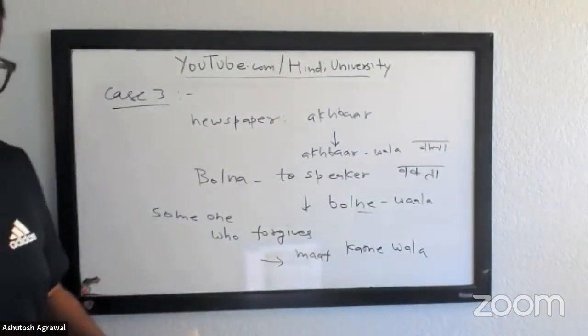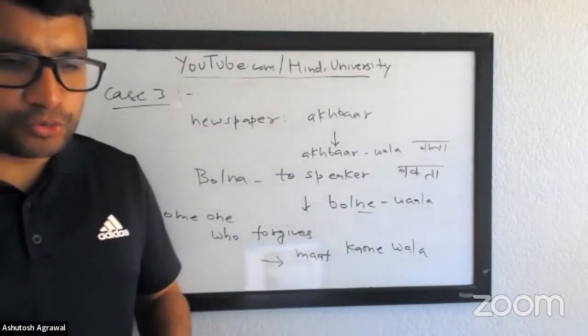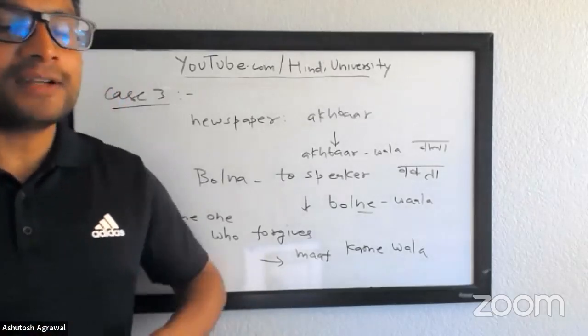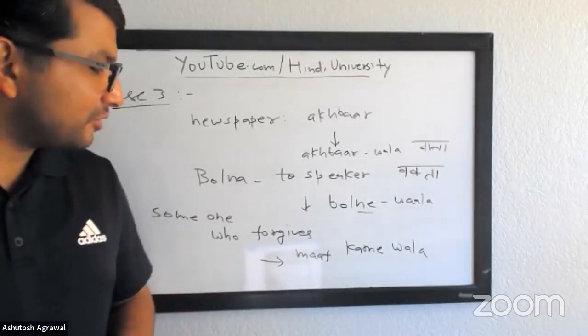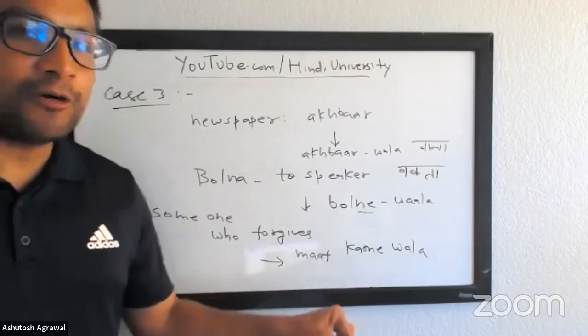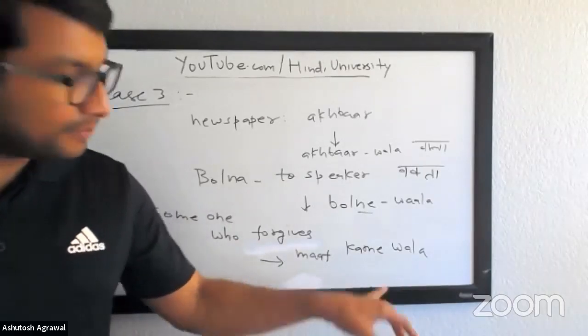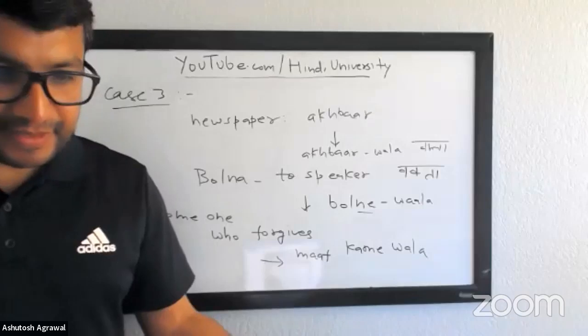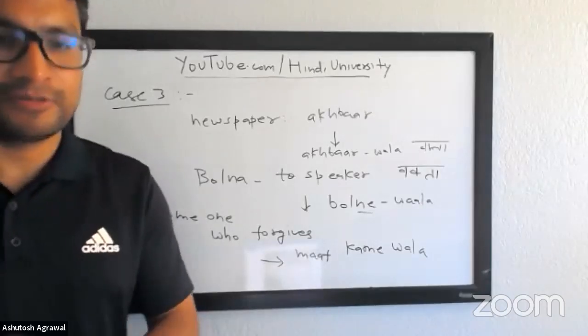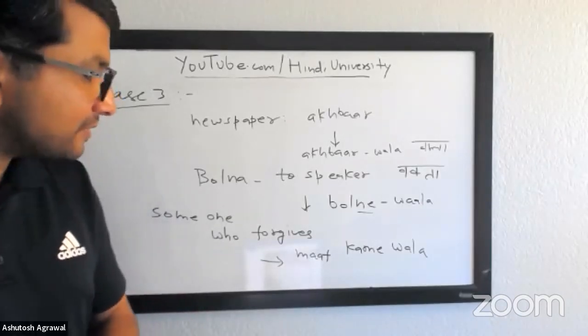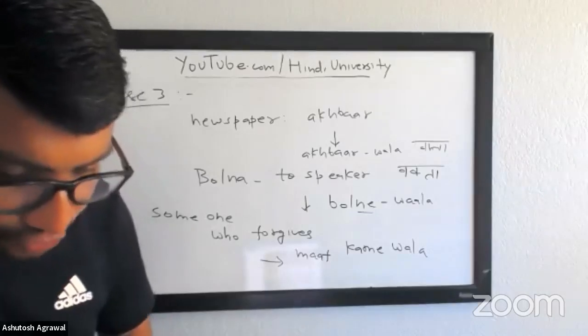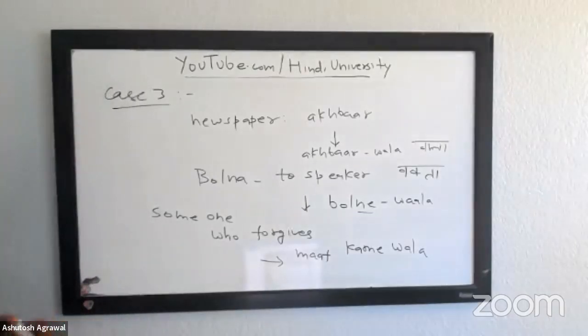It's a noun, right? So you started with how you derive a noun from the verb. Maaf karna is to forgive someone, and then just by putting the wala, you convert it into a person, someone who forgives. Okay, how about someone who seeks forgiveness?